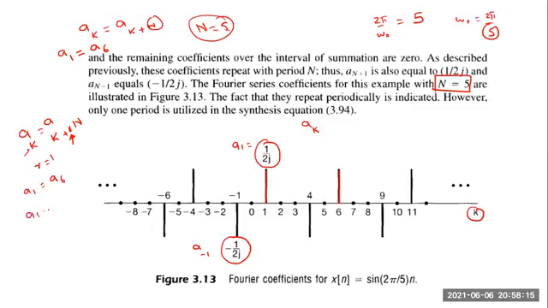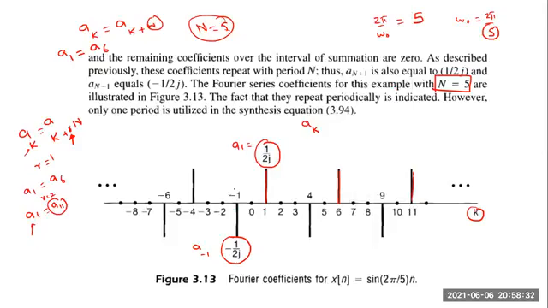Also, a1 can also be equal to, now consider r equal to 2. So 2 multiplied by 5, 10. So a1 plus 10 is equal to a11. So this a1 will also repeat at 11. You can see you have another repetition of this, and then this thing keeps repeating.